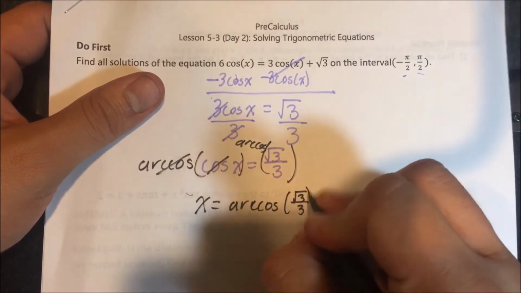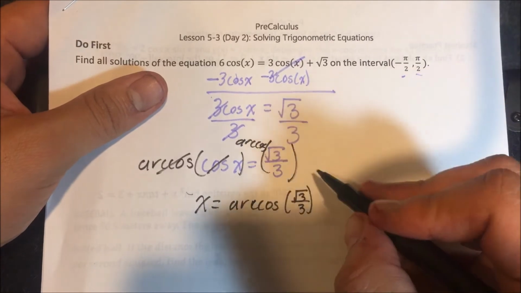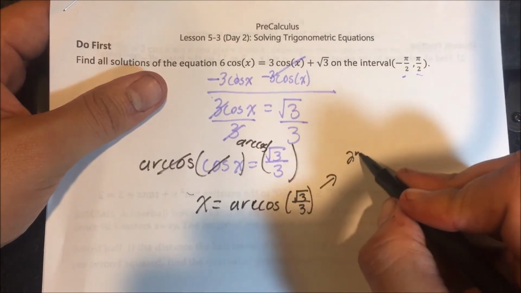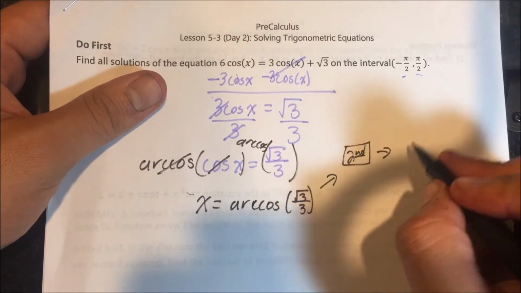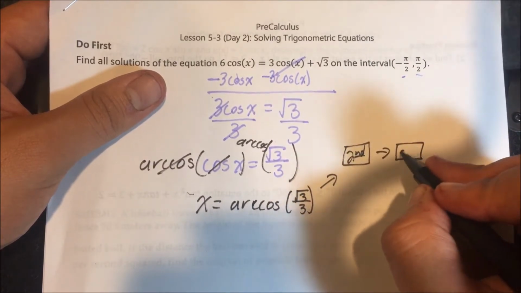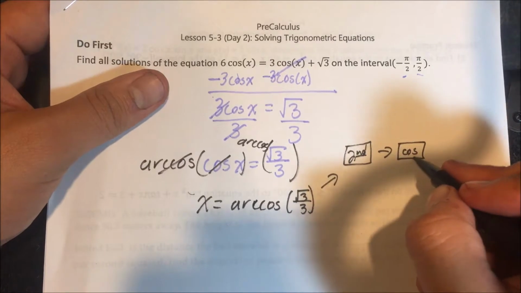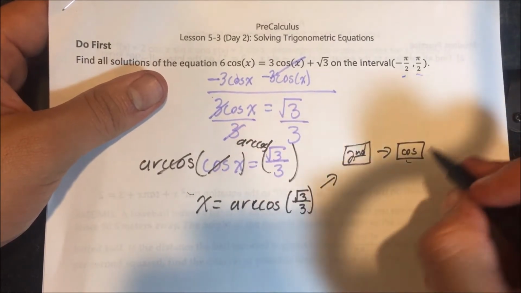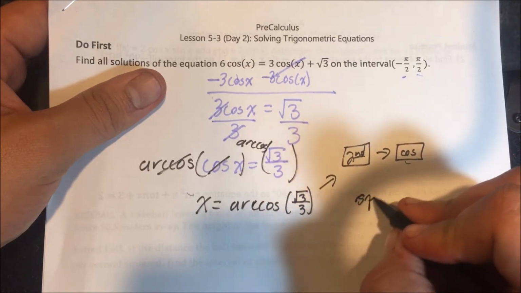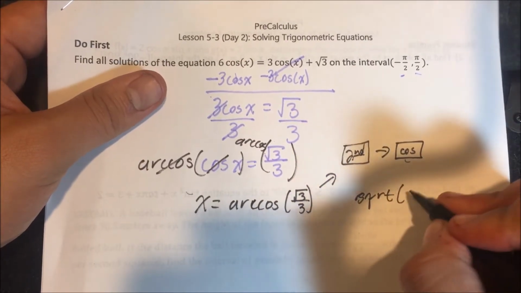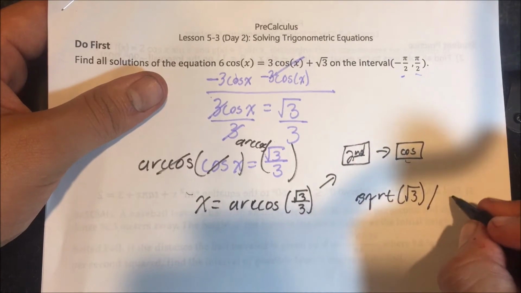And so what you're going to need to use is a calculator, of course. For that, you're going to want to hit the second button, and then you want to hit the cosine button, because the second function of the cosine will give you the inverse. And then inside of that, you want to write the square root of 3 over 3, which is going to look something like this when you write it out.